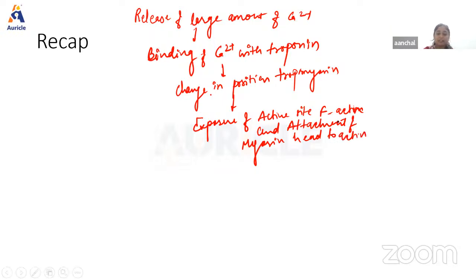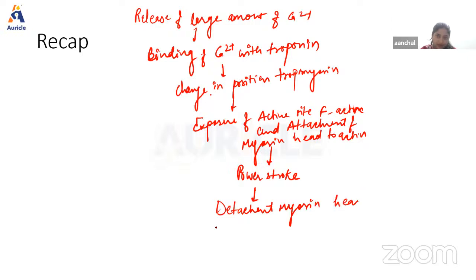Power stroke means tilting of the myosin head and dragging of the actin filament, right? So it will lead to the power stroke, and there will again be detachment of the myosin head and return to its original position.